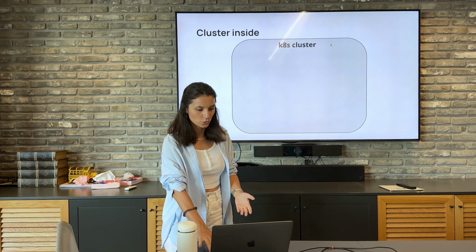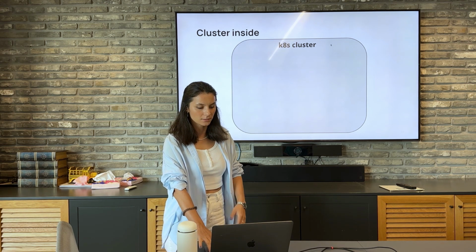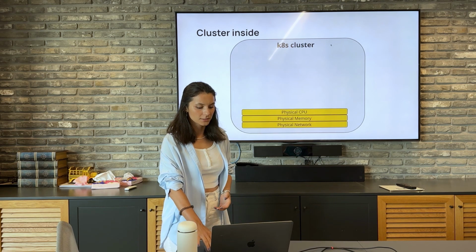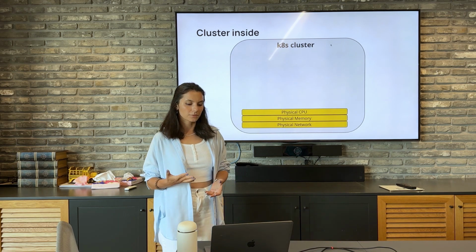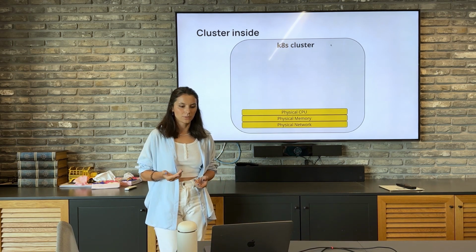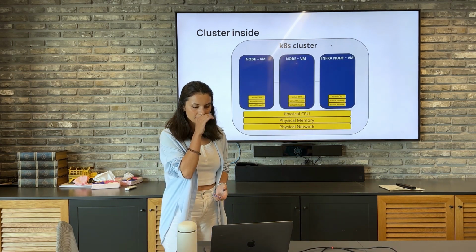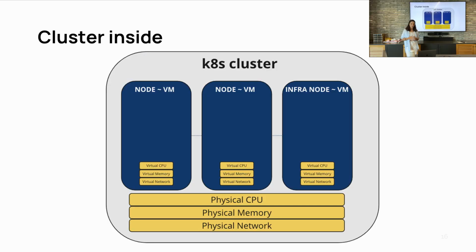Important words we should also discuss to understand the next slides. It's what is inside a Kubernetes cluster. Inside we have physical CPU, physical memory, physical network. Inside the cluster, we are operating with names like nodes.